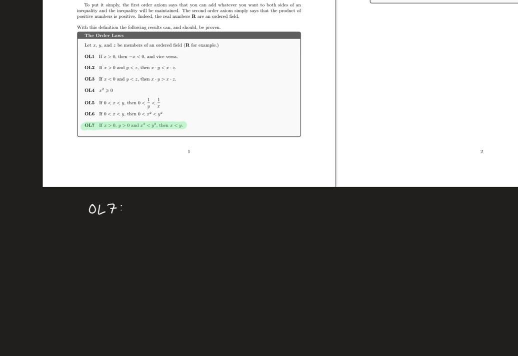OL7: if x is bigger than 0 and y is bigger than 0 and x squared is less than y squared, then we happen to know that x is less than y. All right, let's see a proof.